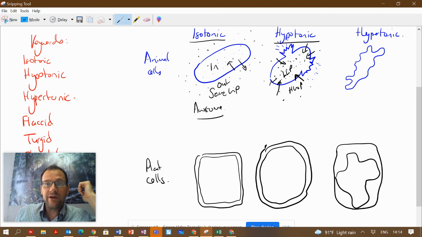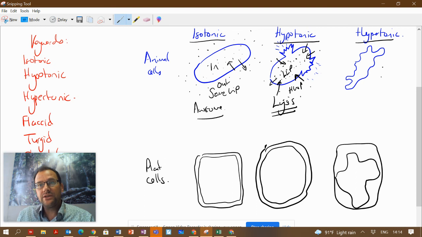A little bit will come out, but the net movement is in. So the pressure on the inside of this membrane actually bursts the cell and damages the cell. So we call that lysis. Cell lysis. It splits. If it's a red blood cell, which I was trying to draw here, we call it hemolysis.